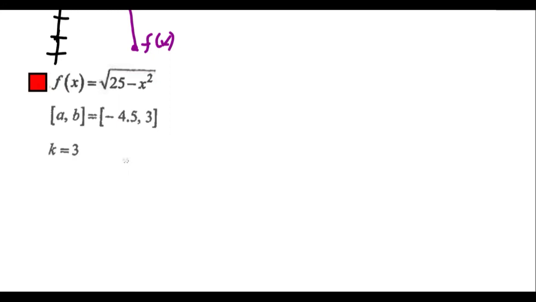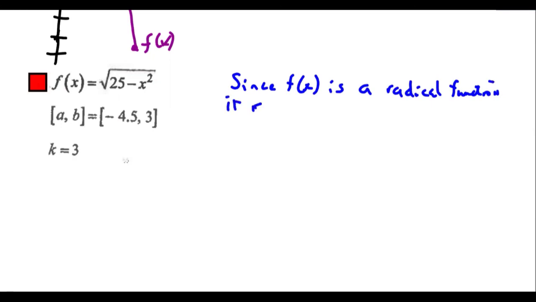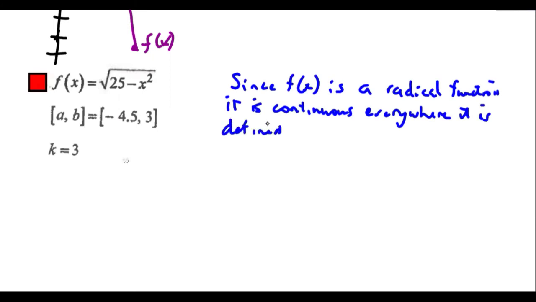All right, so since f of x is a radical function, it is continuous everywhere it is defined.